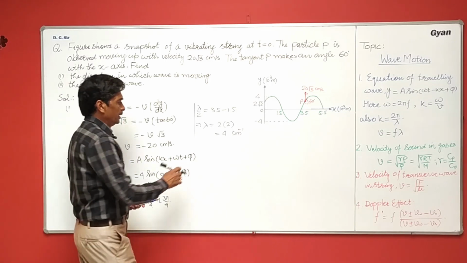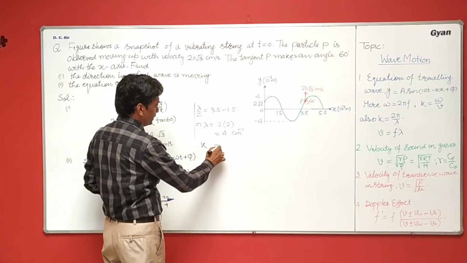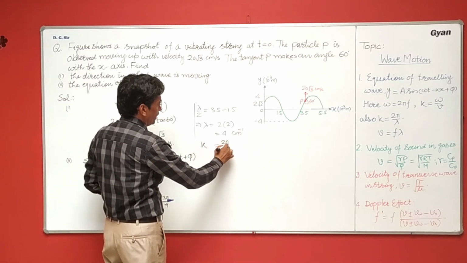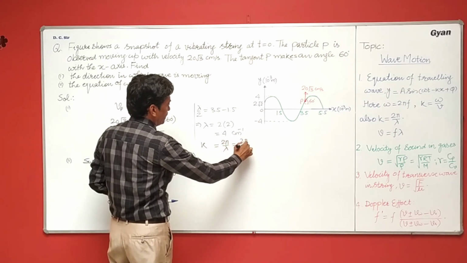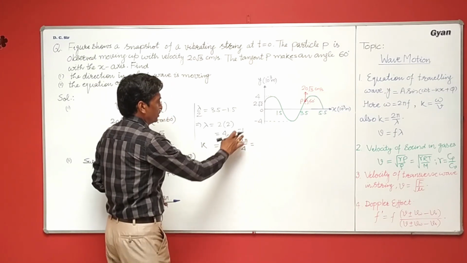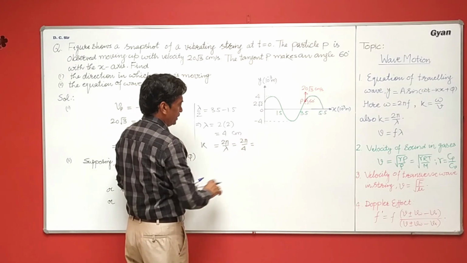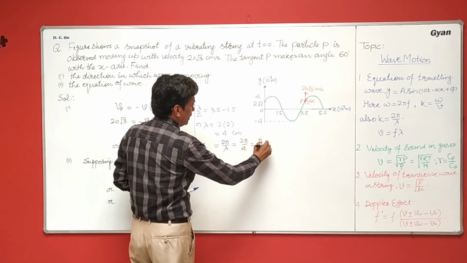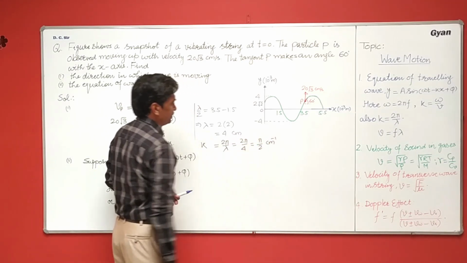Now, finding the value of k, the propagation constant k is equal to 2π/λ, so it will be 2π/4, which is π/2 per centimeter.